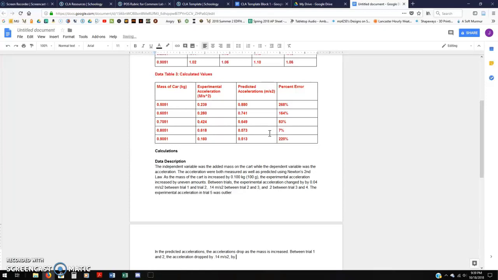Then between trial 2 and 3, we dropped by 0.1. Between these two trials, we dropped by roughly 0.07 if I round a bit.